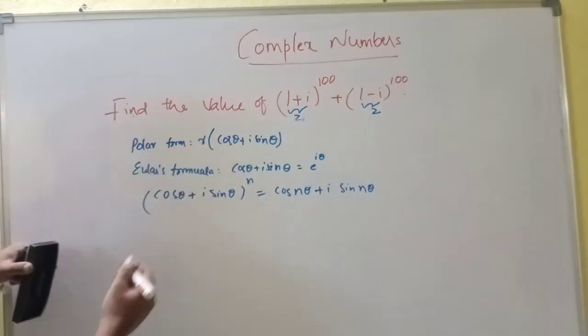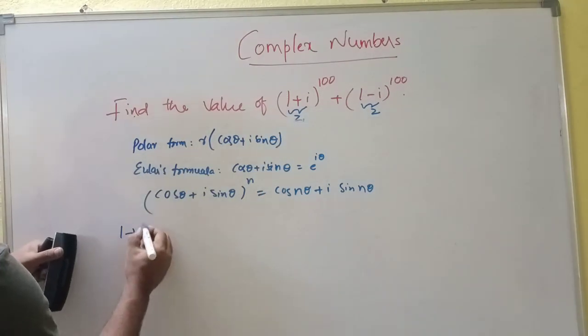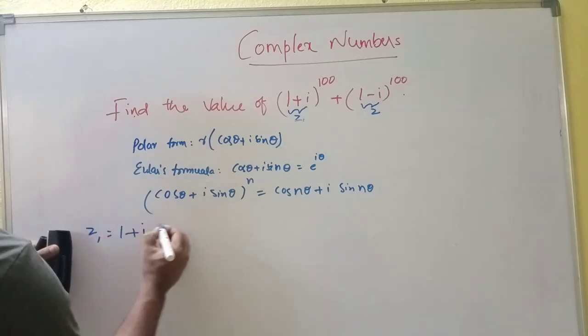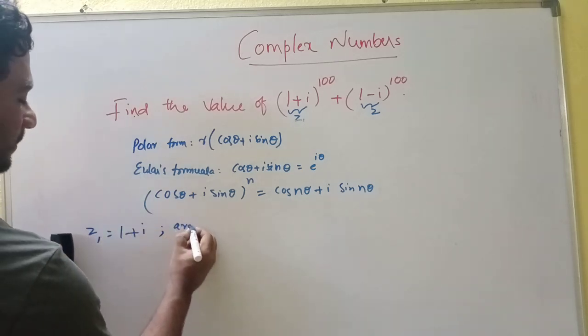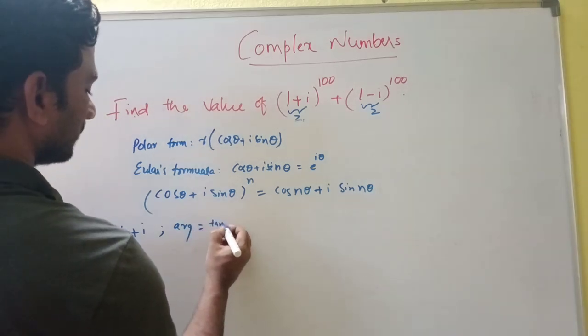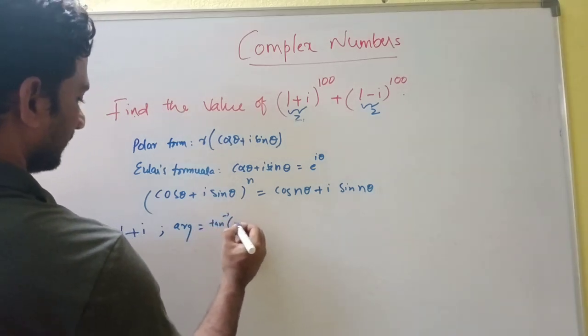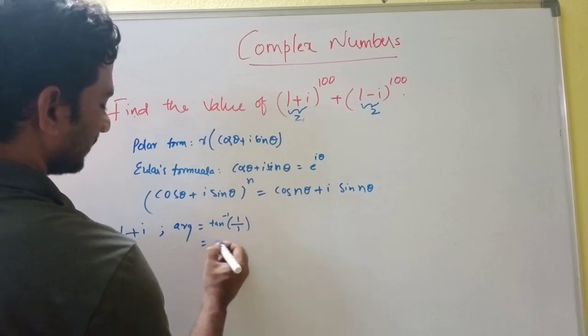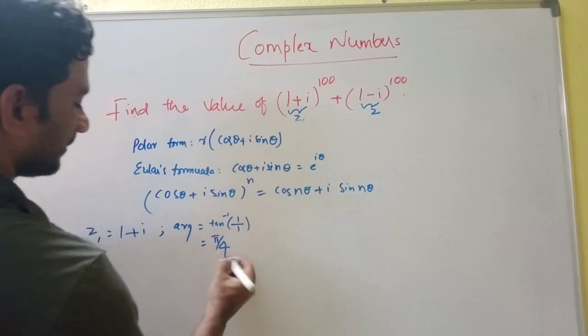So in this problem, for 1 plus i, if you take this as Z1, the argument equals tan inverse B by A. B is 1, A is 1, which equals pi by 4.